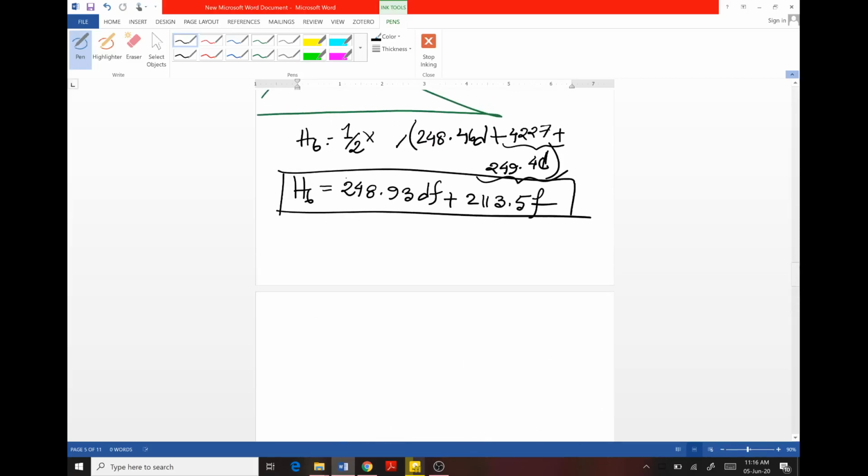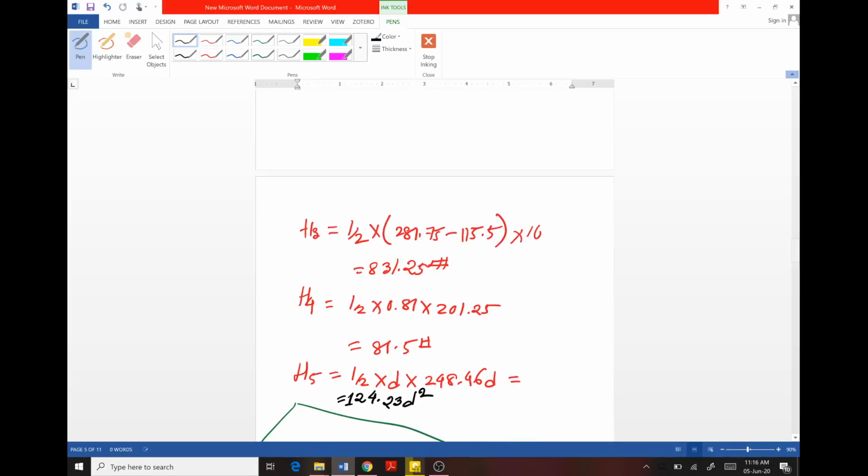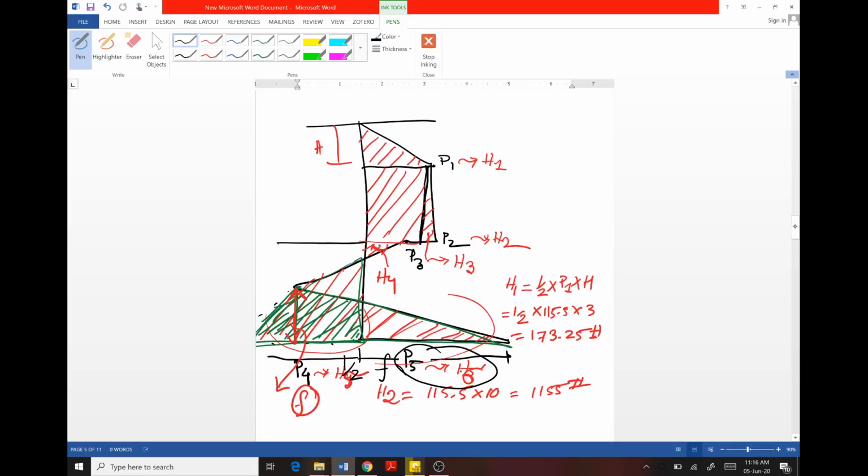So what we can do is go back to the problem again. We can take moment at this point O and check that the sum of the moments is equal to 0, as it must be.